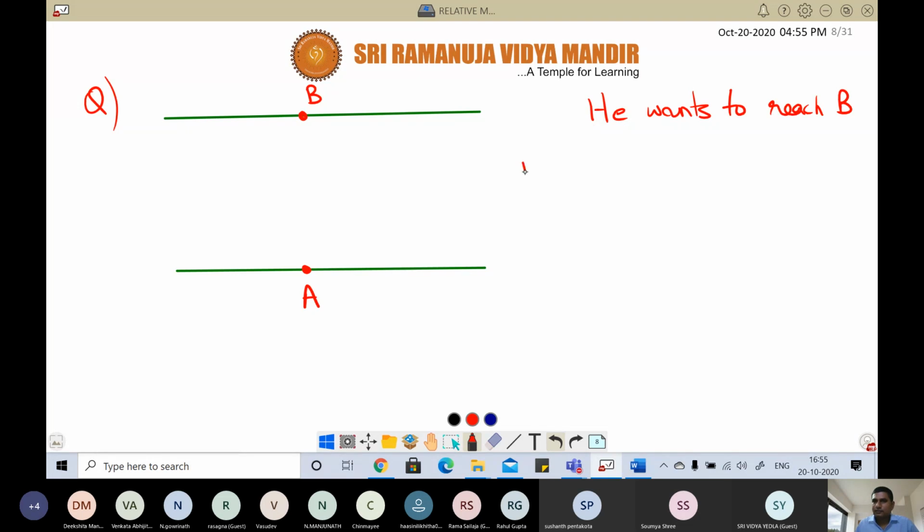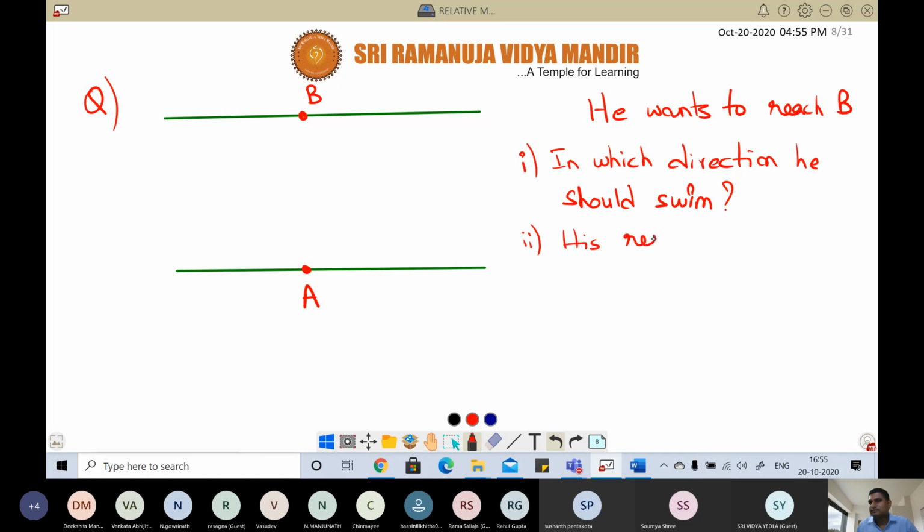First question is, in which direction should he swim? Swim means his effort. Second thing is his resultant velocity. Third thing is, I'm not giving values purposefully because some students immediately calculate and don't listen to the question.